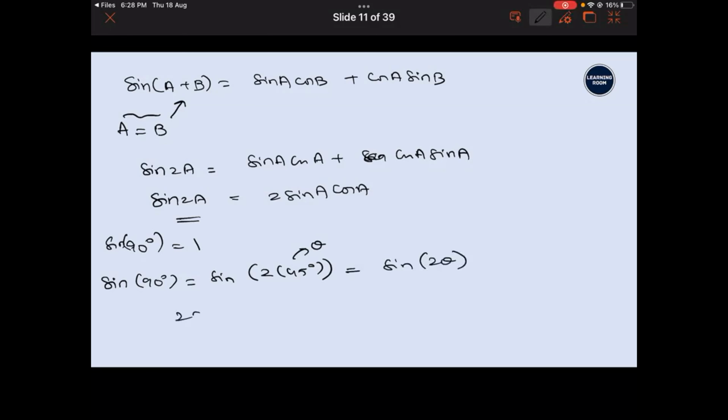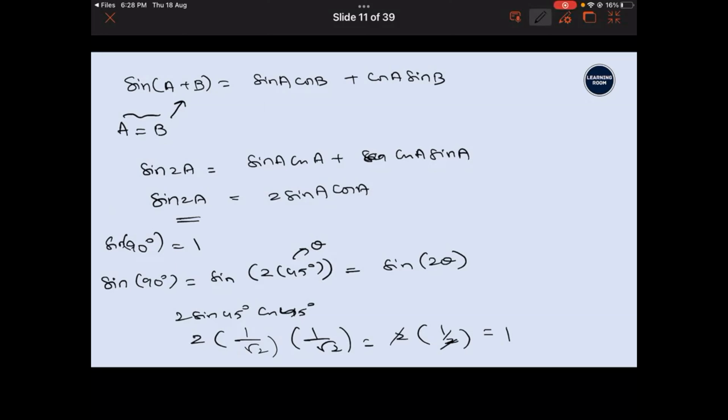So, I can write this as 2 sin 45 into cos 45. So, 2 into sin 45 is 1 by root 2, cos 45 is 1 by root 2. So, 2 into half. It's the same logic. The reason why I use 90 is because you'll understand it.